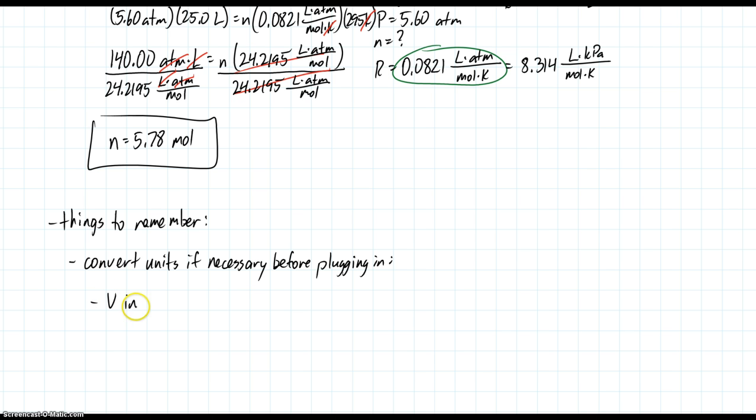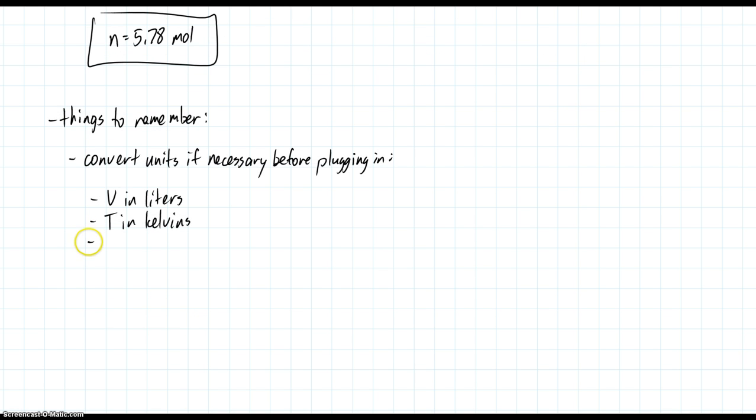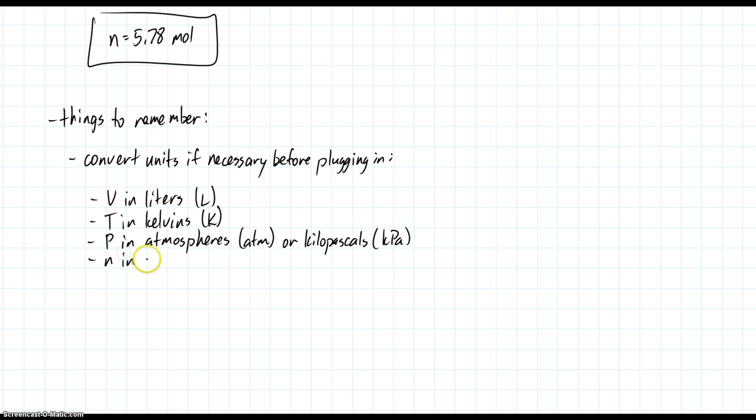So we want volume to be in liters, temperature must be in kelvins, and our pressure should be in either atmospheres or kilopascals, and n in moles.